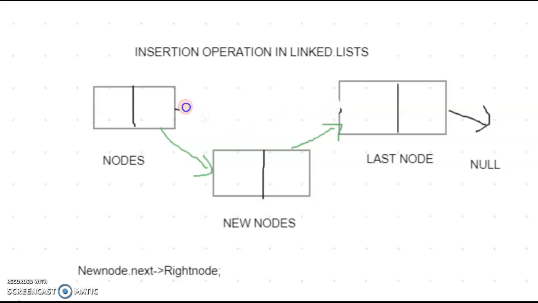So in order to do this, there is a code that we can use. In order for this to happen, we can have this as our code. Left node dot next pointing to new node, which basically gives this operation to take place.